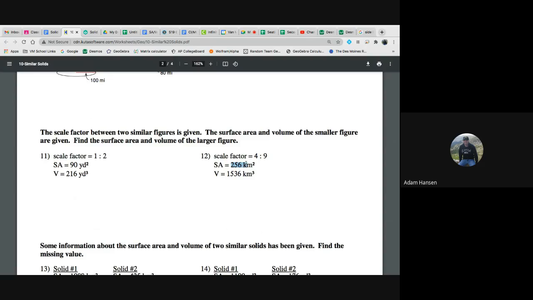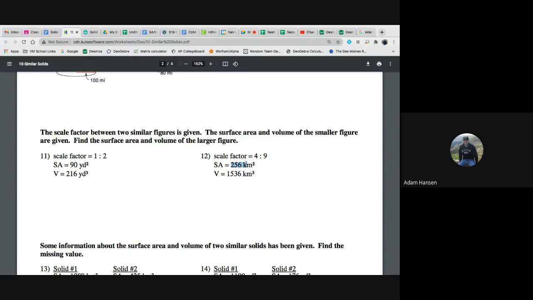Small figure to large figure ratio. Small figure surface area to large figure surface area. Similarity is all about proportion, so I set up a proportion. 16 to 81 is proportional to 256 to x.